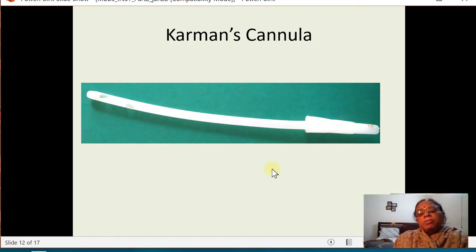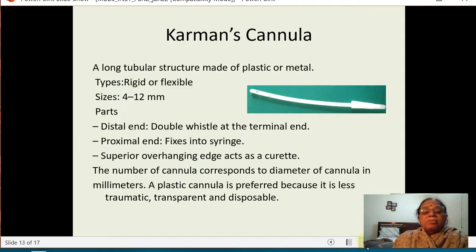This instrument is Karman's cannula, a long plastic cannula which is open at one end and the other end is smooth and round, but there are apertures which collect the materials from the canal.